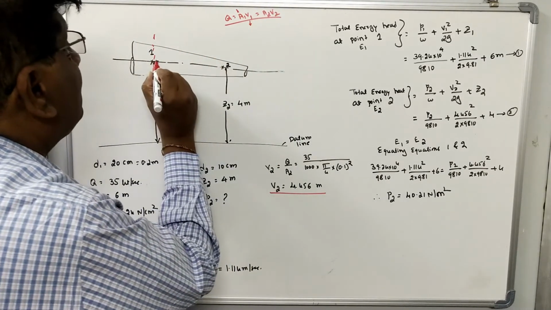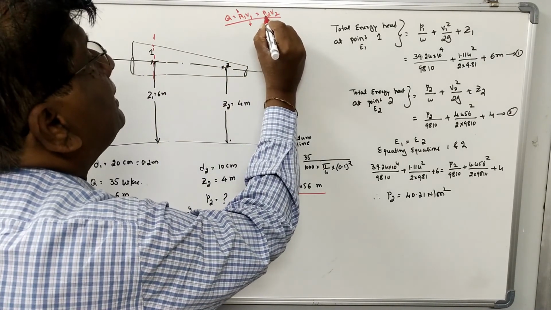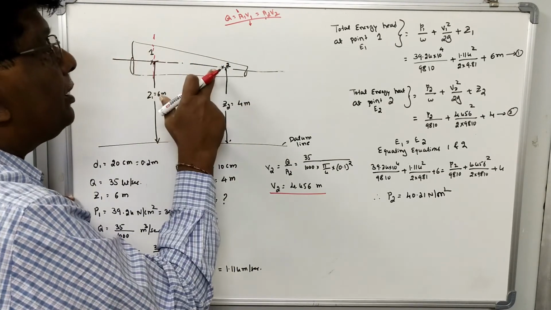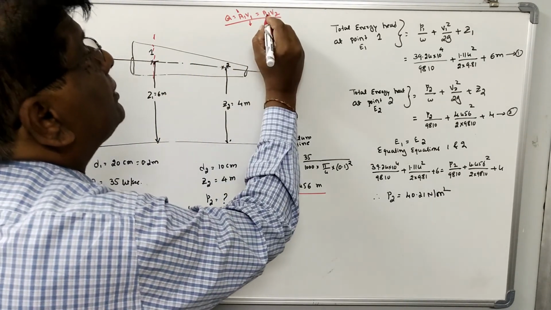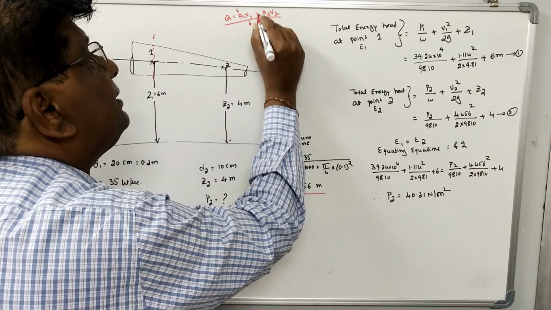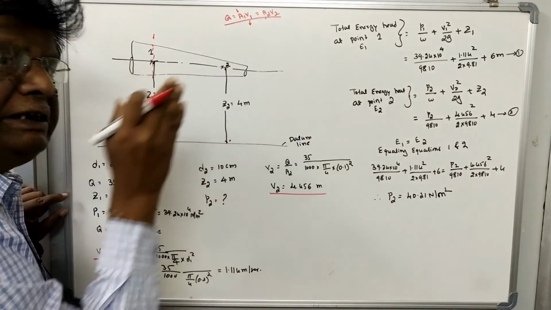But when the flow takes place from section 1 to 2, the diameter of the pipe is reduced from 20 centimeter to 10 centimeter. So the cross sectional area is also reduced. To satisfy this continuity equation, automatically the velocity value should increase inside the pipe.